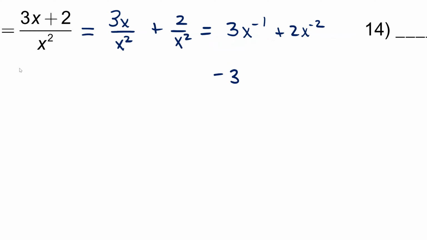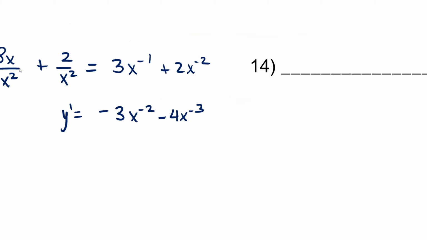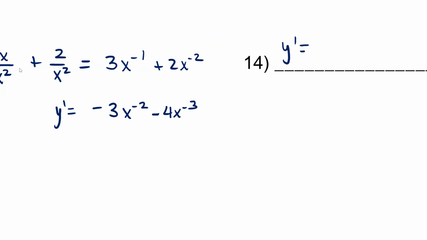Well, negative 3 times x to the minus 1, x to the negative 2, minus 4 times x to the negative 3. So that means y prime is going to be negative 3 over x squared minus 4 over x to the third.